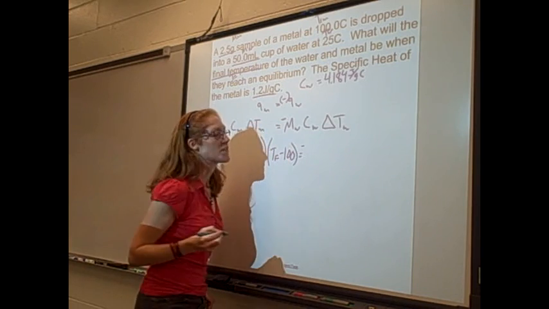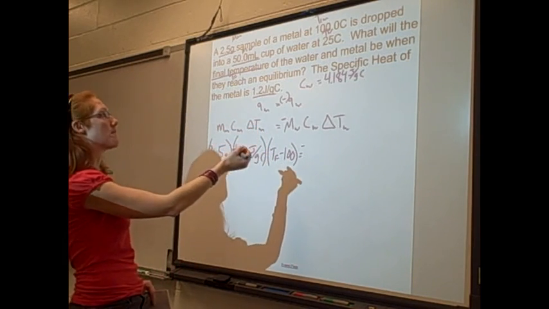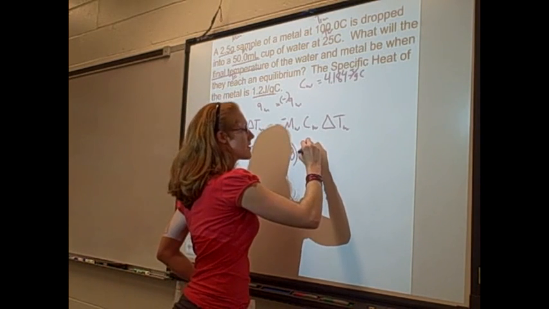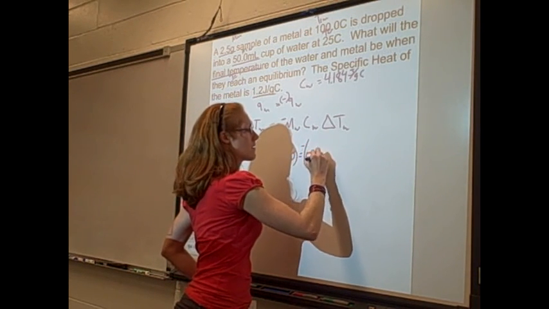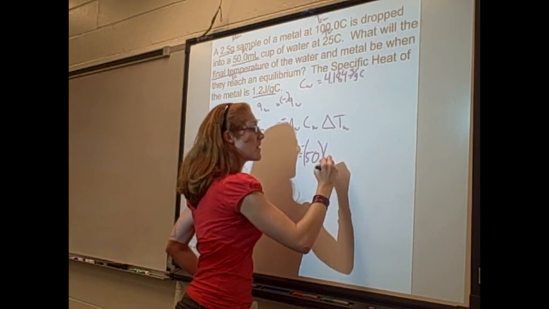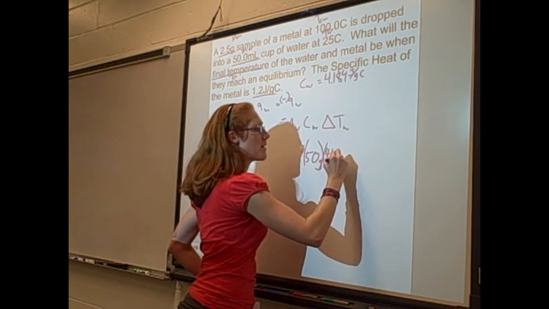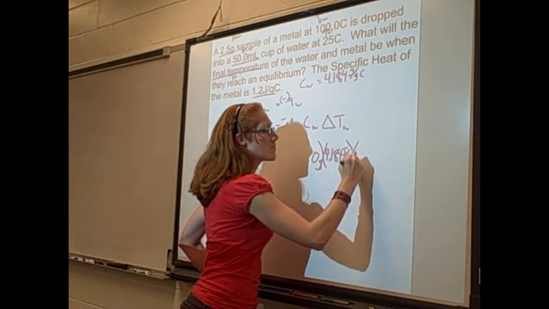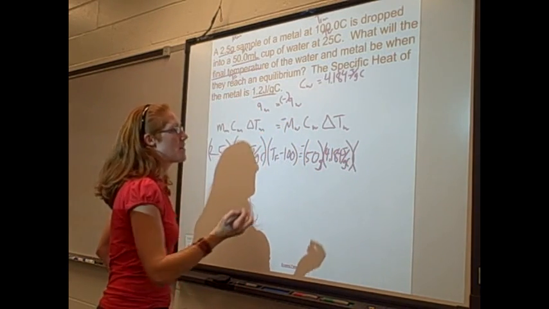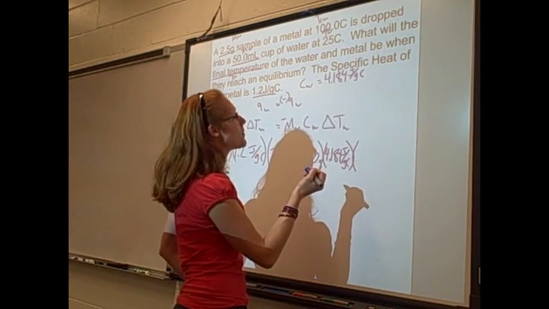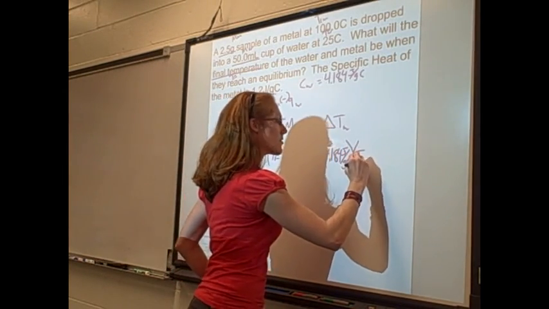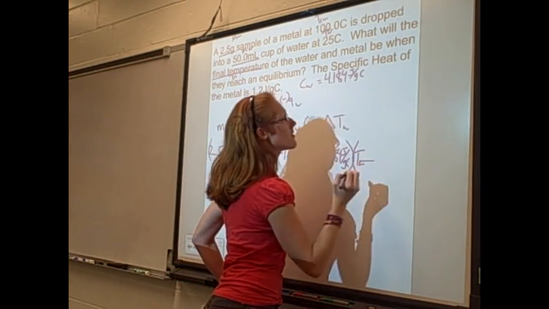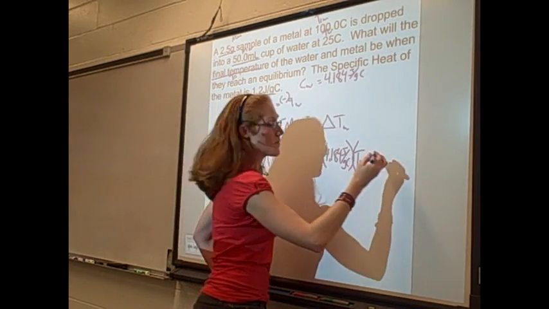So that's all equal to the negative of the mass of the water, which was 50 grams, times the specific heat of the water, 4.184 joules per gram degree Celsius, times the change in temperature of the water. Same thing, I know the final temperature is going to be the same as over here because they come to the same temperature. I don't know the final, so final minus initial. I know the initial was 25 degrees Celsius.